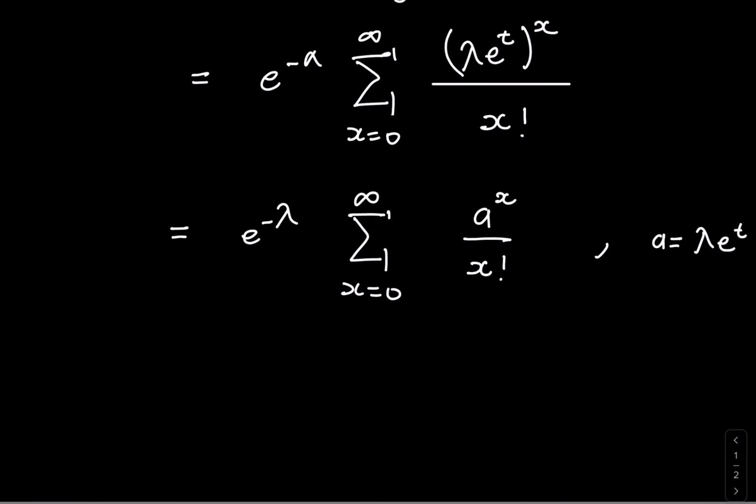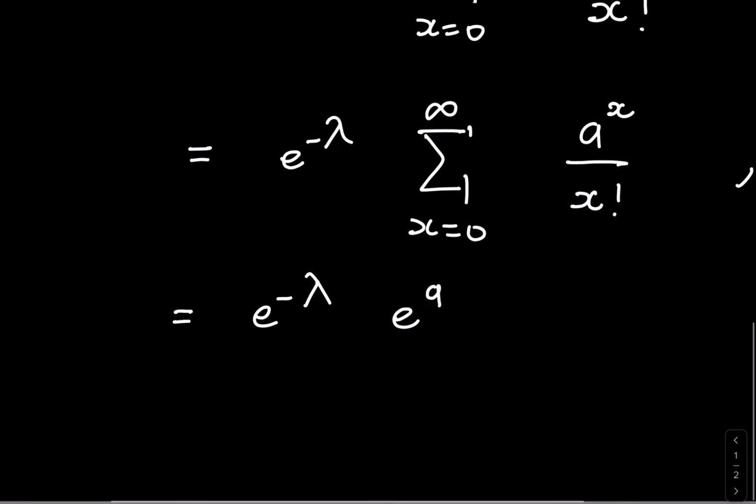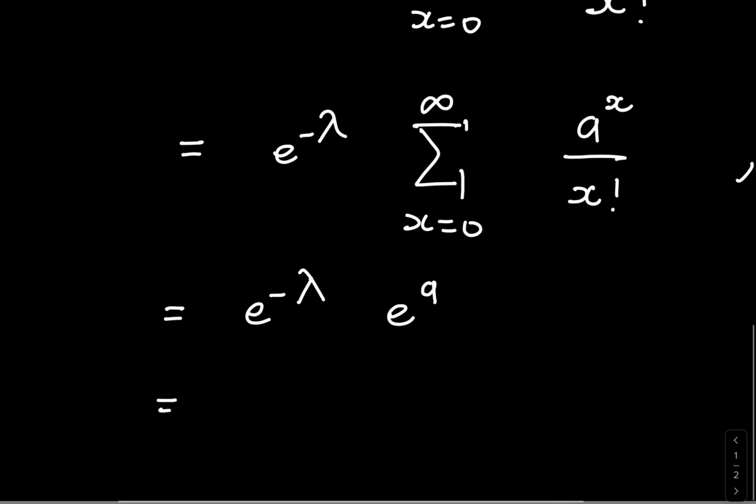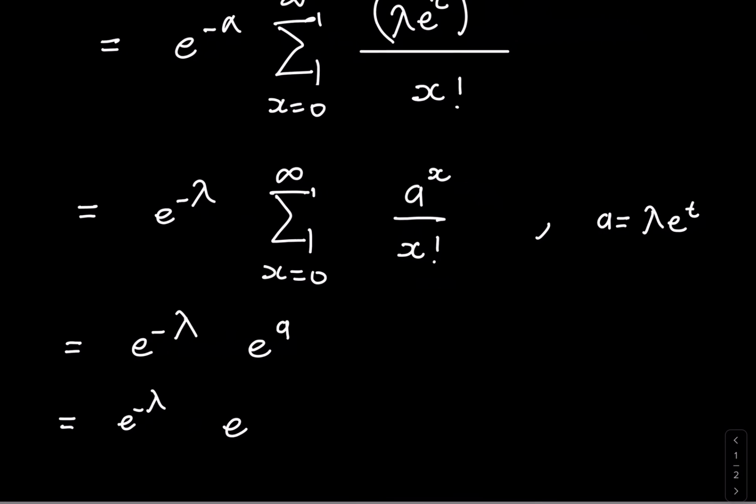So here we can write this as e to the power of a, and hopefully you can recognize that. If not, perhaps review your Taylor expansions of e to the power of x. Now that we know this is e to the power of a, we can rewrite it: e to the power of negative lambda is still there, and I'm going to replace a with lambda e to the t.